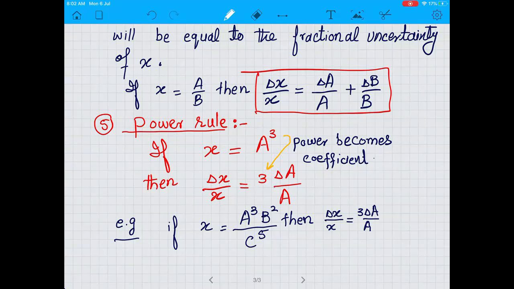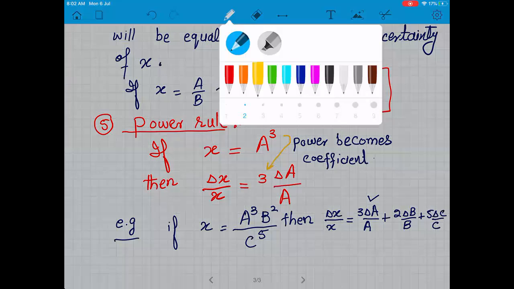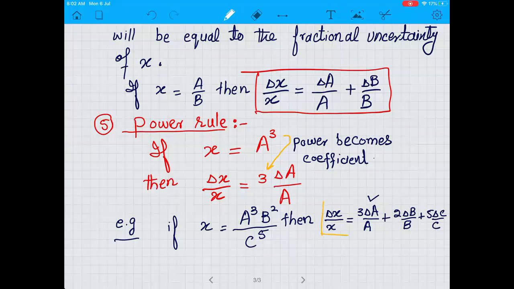So that 3 becomes the coefficient of the term that contains A. So 3 times delta A over A plus 2 times delta B over B plus 5 times delta C over C. So this is the formula for uncertainty. So the powers in the original formula will become the coefficients in the uncertainty formula. That is the main thing.